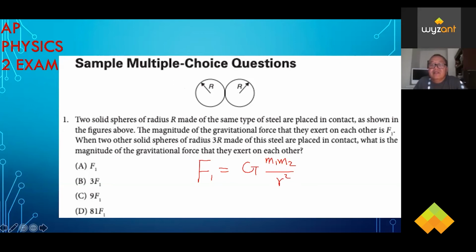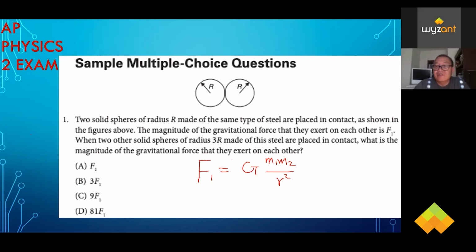Okay, so here, this one's r, right? When the radius becomes 3 times the original one, then what is the mass?